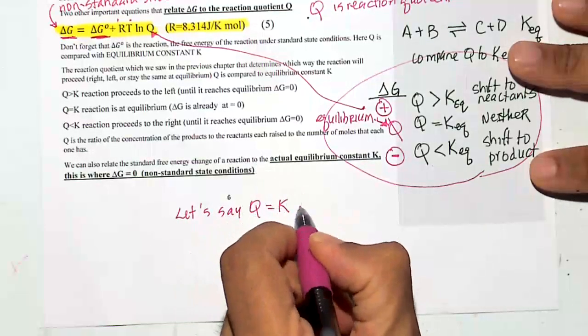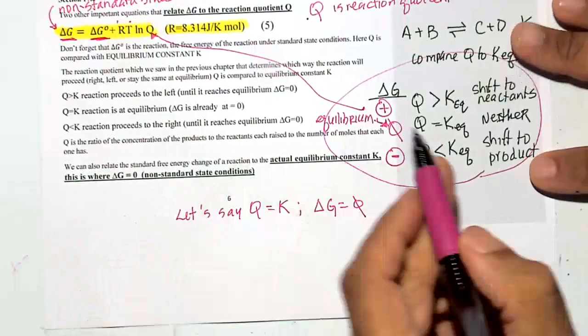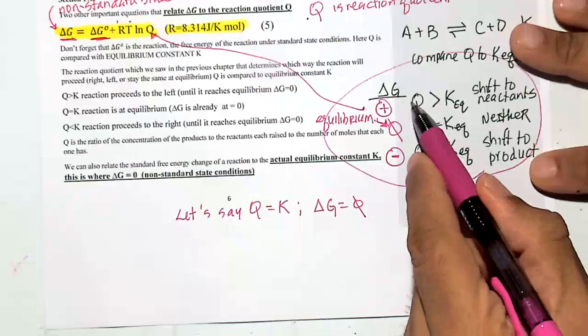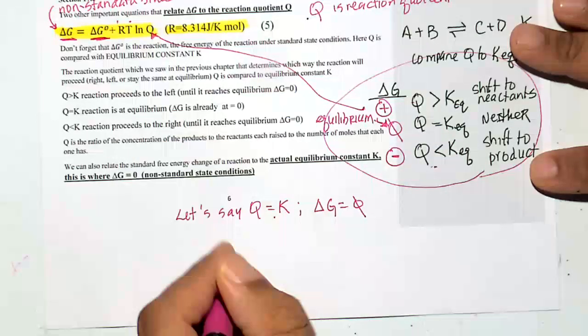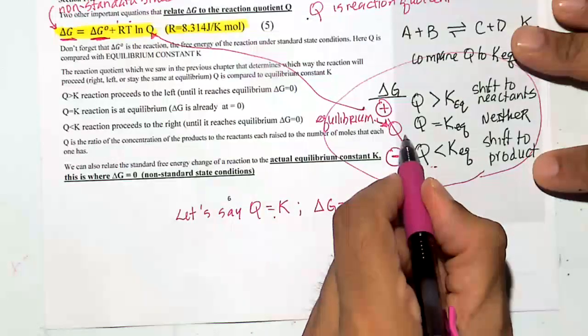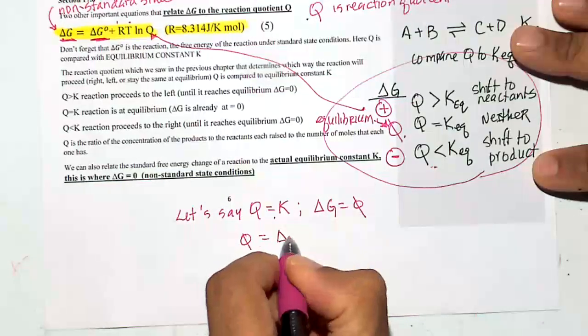If Q is equal to K, then this delta G is equal to 0, because it's not positive endergonic, it's not negative exergonic. If Q is equal to K, delta G is 0, so I'll put in a 0 here.